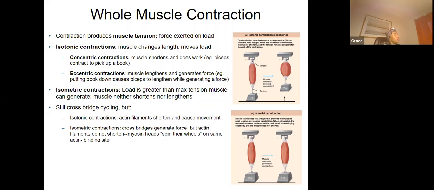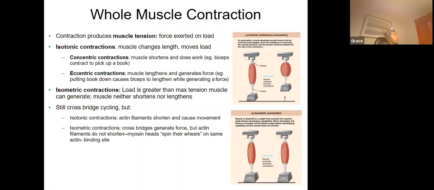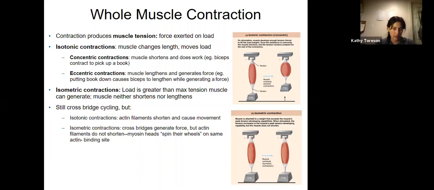You use contraction and tension interchangeably. Does that mean the same thing? Contraction is what the muscle is doing, and when the muscle contracts, it generates tension. So I might have been using it interchangeably.